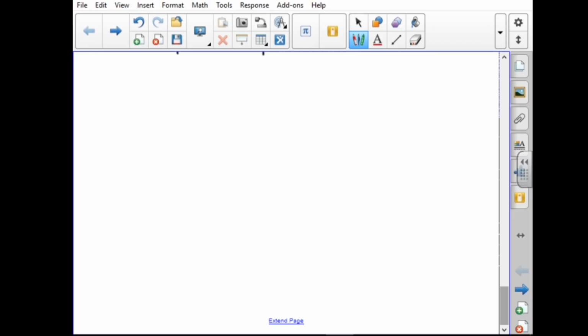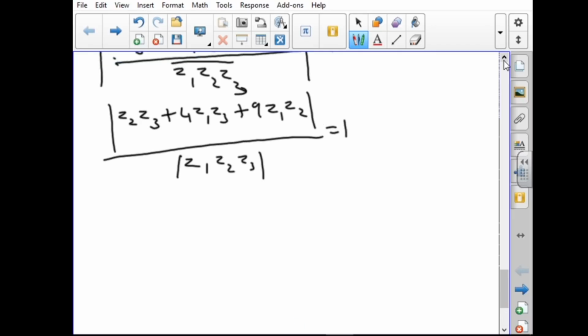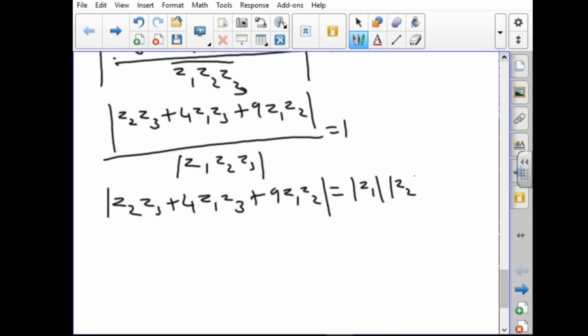Now this denominator we can take to the other side. So modulus of z2 z3 plus 4 into z1 z3 plus 9 into z1 z2 is equal to modulus of z1 z2 z3, which can be written as modulus of z1 into modulus of z2 into modulus of z3, carried to the other side.